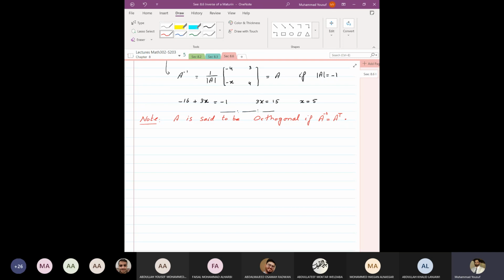You simply need to find A inverse and then multiply the right hand side column by A inverse. That will be the solution. Let me do one question for the sake of completeness. Question number 49.